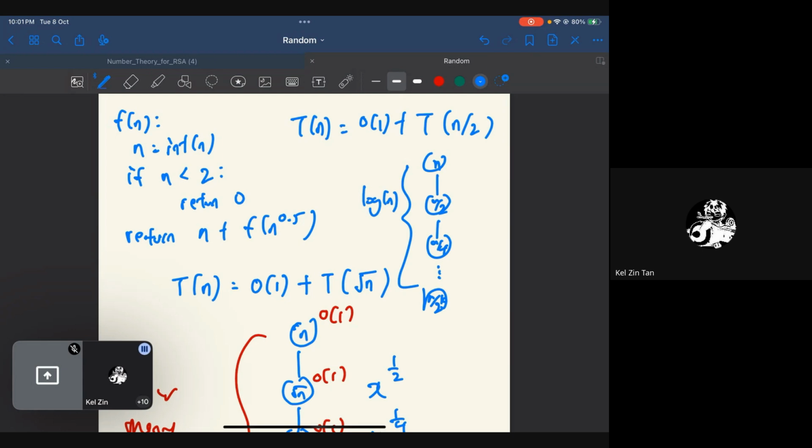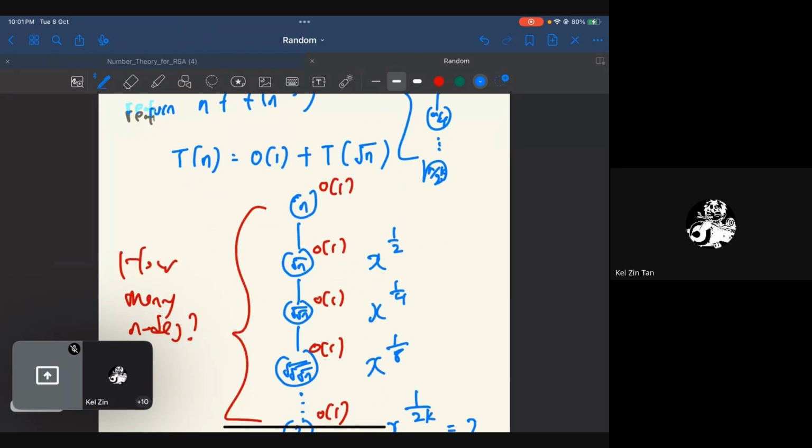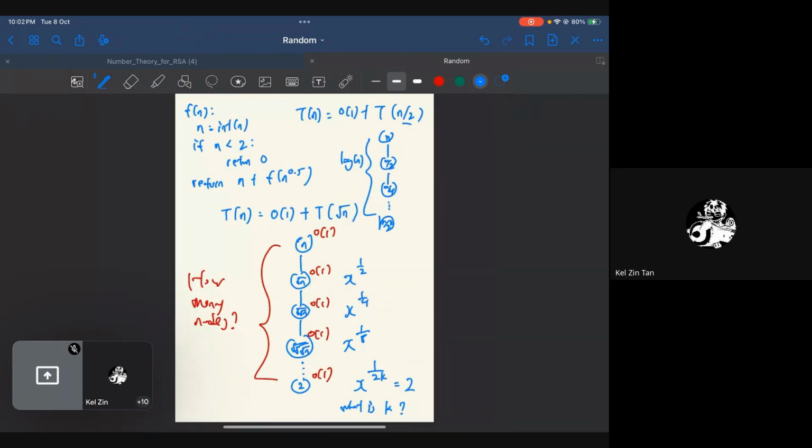Now you are not doing division, you are doing square root, so it should be much shorter than log n. Yeah, it needs to be less than 2, but that is just a technical detail. Basically, I'm just asking how many times you need to do it until it is small enough.